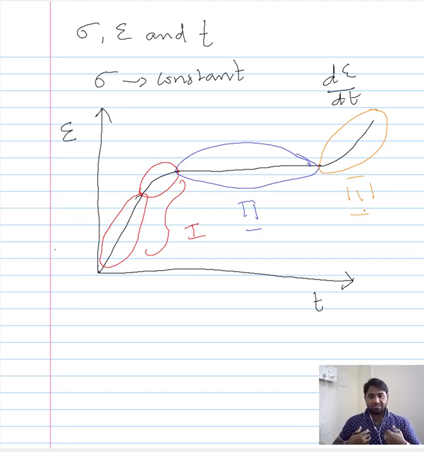So for our understanding, we have categorized this overall creep curve into different stages so that we can relate the changes in the material to the particular creep stage that they are responsible for.